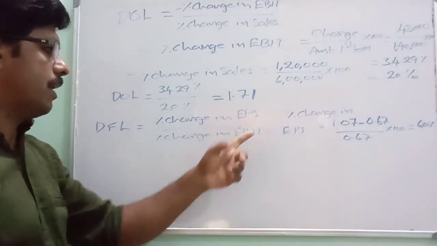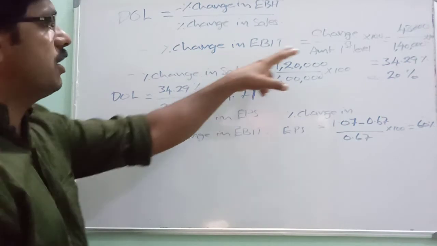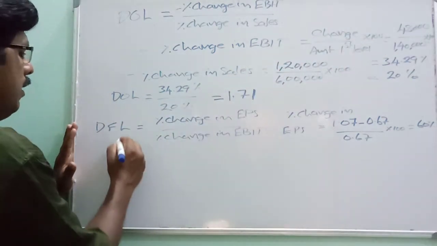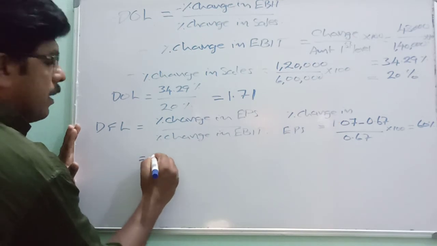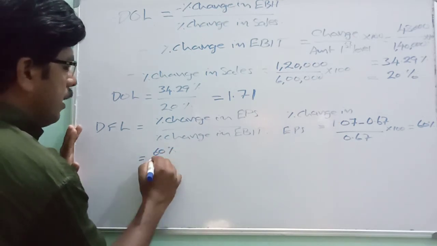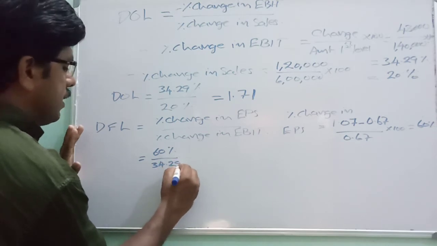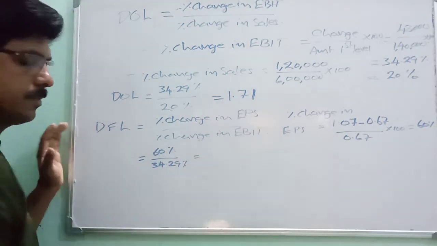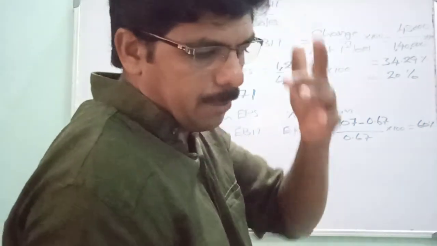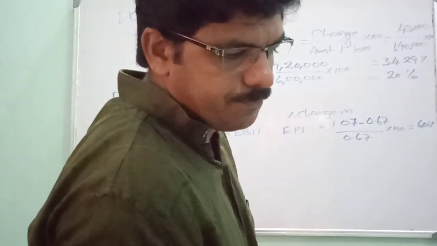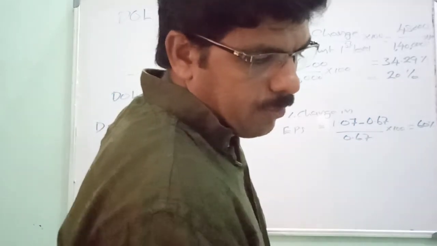Change in EBIT is 34.29%. Therefore, DFL is 60% divided by 34.29%, that is equal to 1.75. 1.75 is the answer.